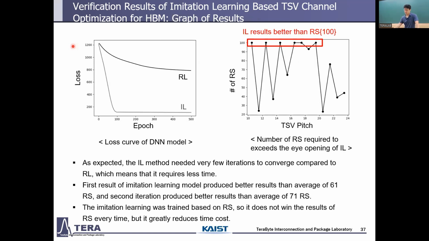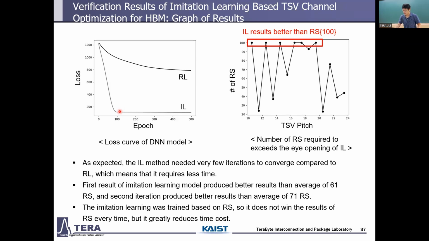And this is our graph of results. On the left, I compare our imitation learning model with reinforcement learning. Reinforcement learning, as I said before, has a problem with converging and speed, so its loss function is not decreasing a lot. But with imitation learning, the loss decreases very fast, and we don't need a lot of iterations.